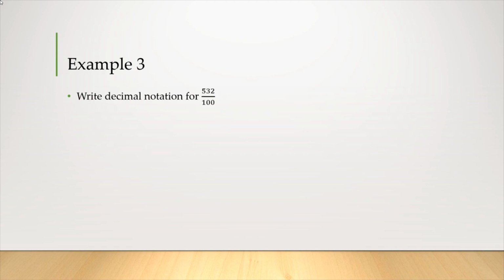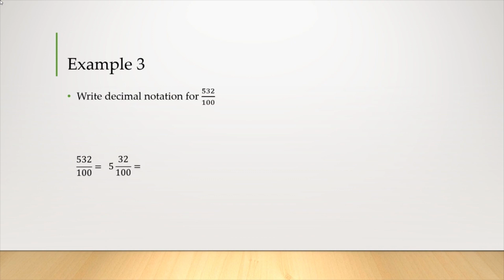All right, so let's look at example number 3. Now, this is asking you to write it in decimal notation. So you're changing it from a fraction to a decimal. So you have 532 hundredths. So what you can do first is convert it to a mixed number.